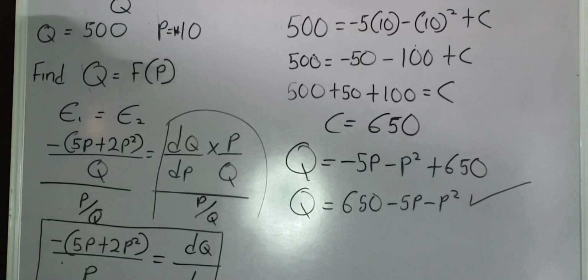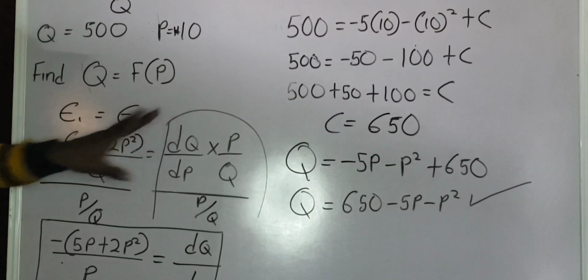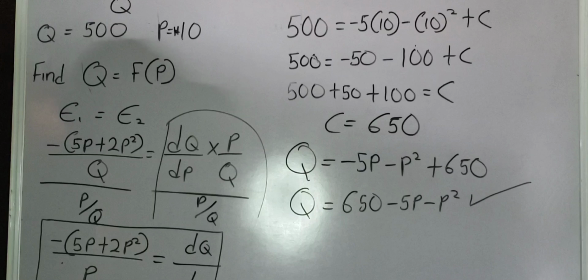Okay, so now when you are given this in the exam, when you are given the elasticity, the Q and the P, the first step is that you are going to remember the elasticity. After remembering the elasticity, you are going to equate the elasticity that you are given and the formula of elasticity. The next step is that you are going to divide both sides by P over Q. After dividing both sides by P over Q, you are going to solve for Q by integrating.